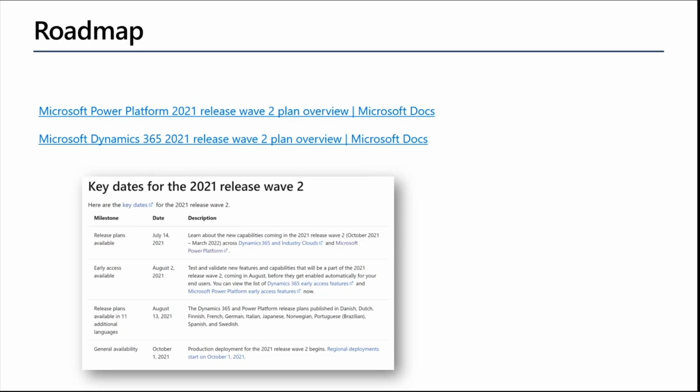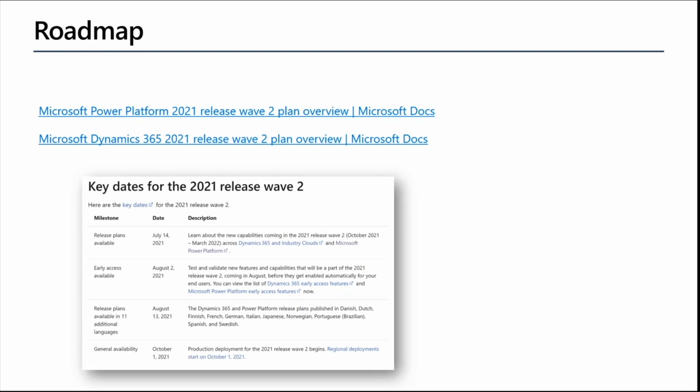Since August 2nd, you have access to the early access and you can test and validate the new features and capabilities that will be part of the 2021 release wave 2. And today we should release the 11 additional languages for the release plan.